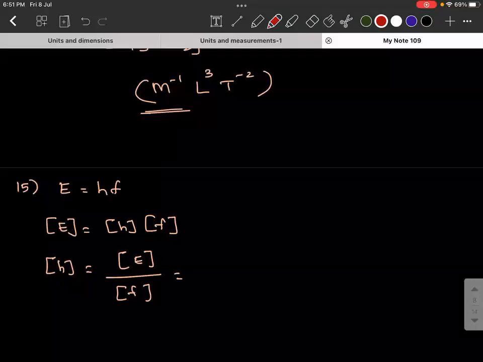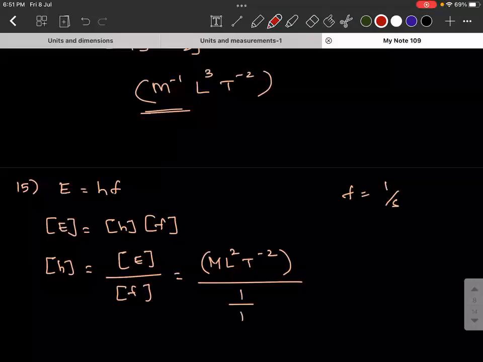Energy and work done have the same units and same dimension. So it will be M L square T minus 2 divided by frequency. Frequency is the reciprocal of time. You know, frequency is measured in hertz, right? So frequency is actually 1 by second.